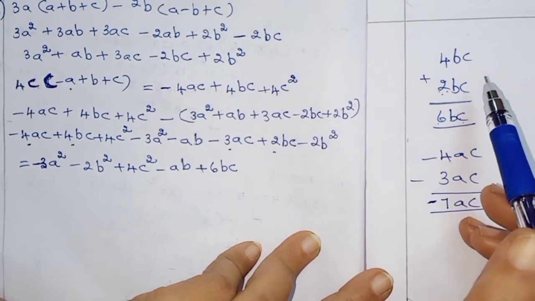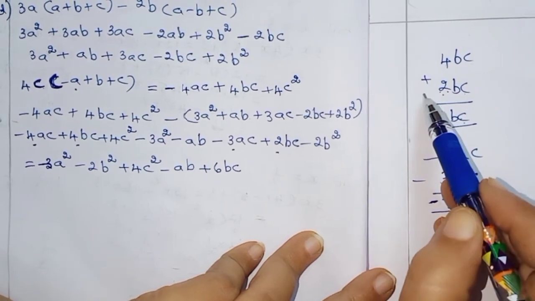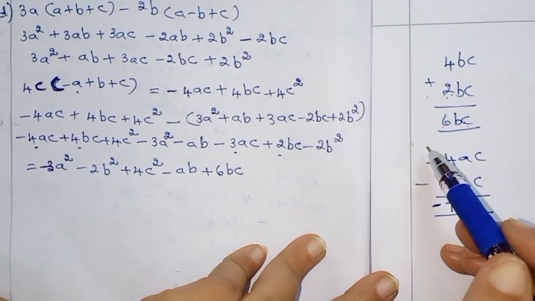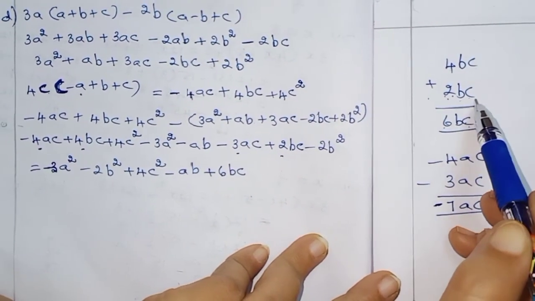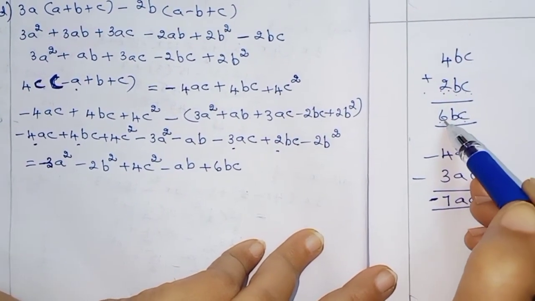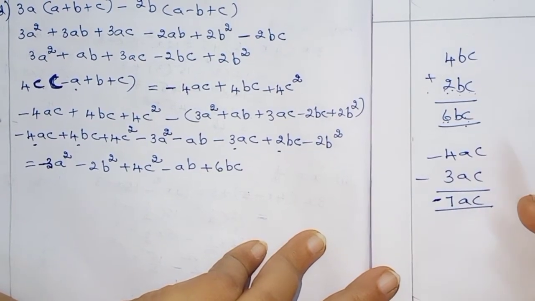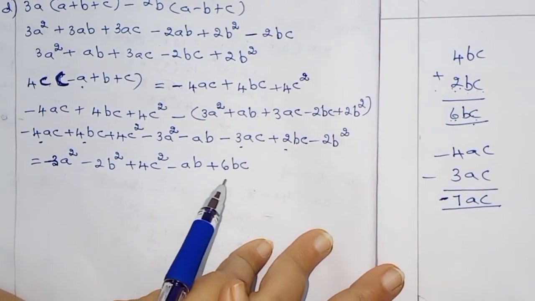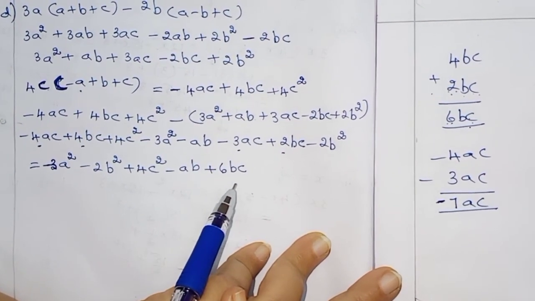So don't get confused, children. In addition and subtraction, variables will not change. What is 4 plus 2? 6bc.